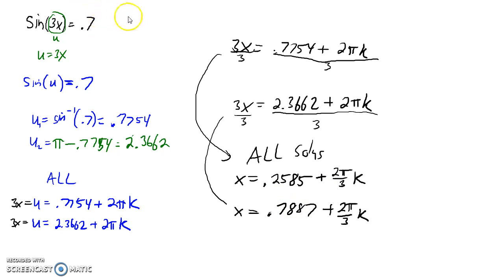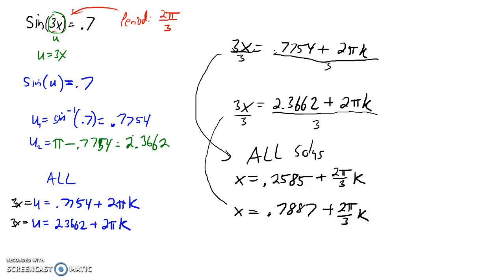Just to be clear on what's going on here, notice that with this function, the period is 2 pi divided by b, so it's 2 pi over 3. So this number that we're adding is periods. Essentially, we're adding full rotations or full periods to those first two solutions to come up with more solutions. Okay, and so that's the idea of how we can solve trig equations with non-standard periods using substitution.